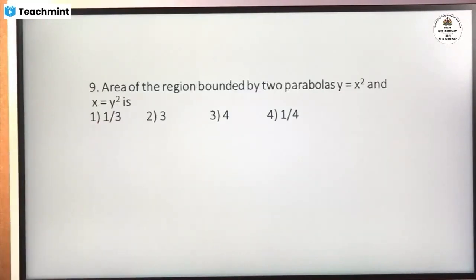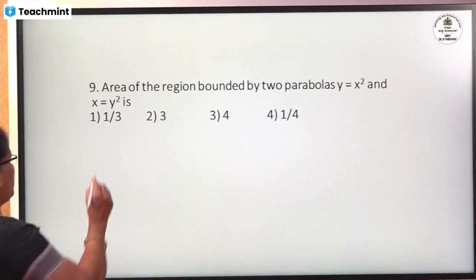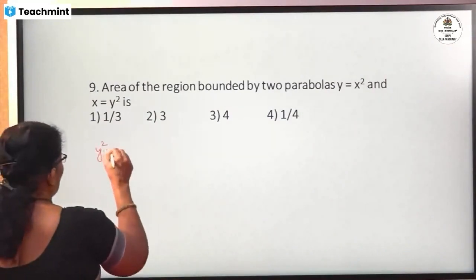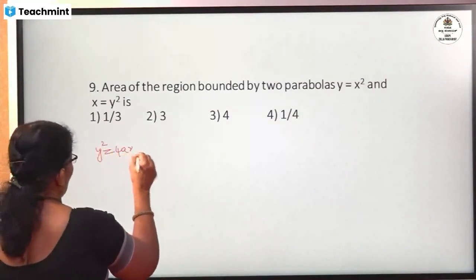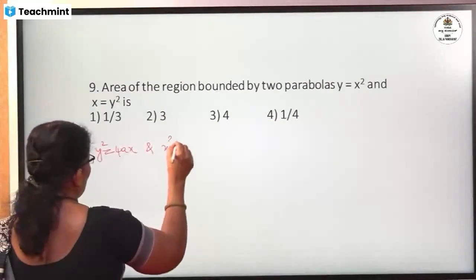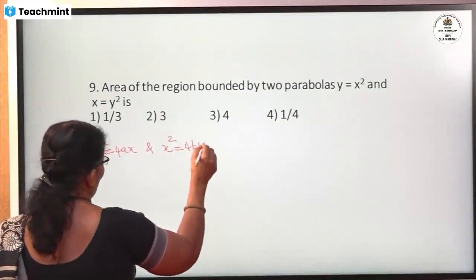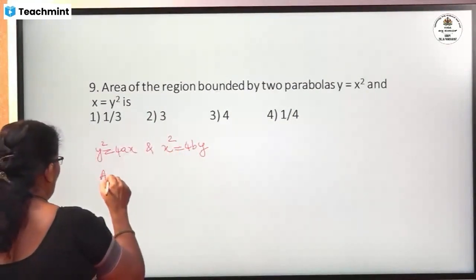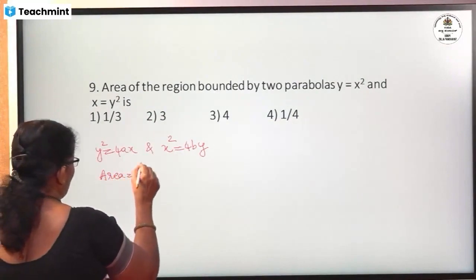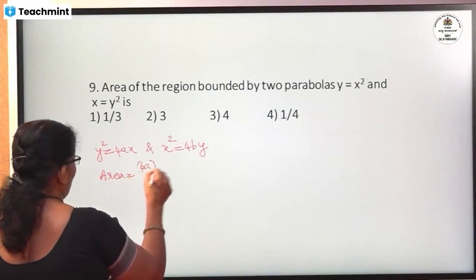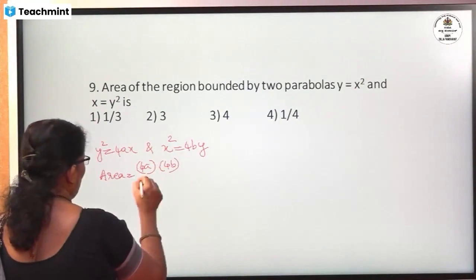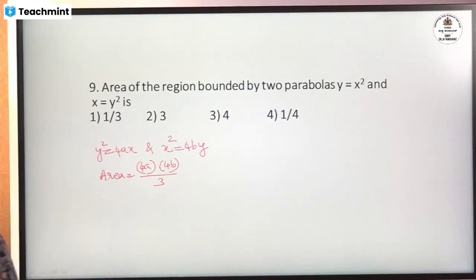Next question is area of the region bounded by two parabolas, y is equal to x squared and x is equal to y squared. So remember this as a standard result. If you have y squared equal to 4ax and x squared is equal to 4by, area is 4a into 4b divided by 3.